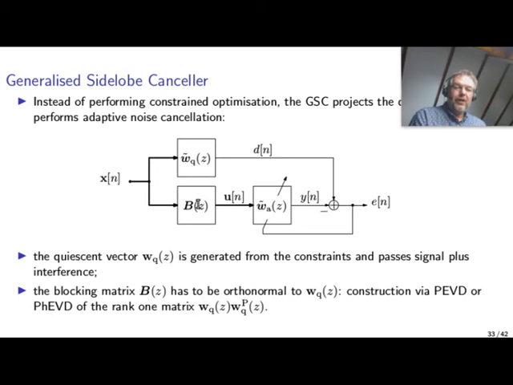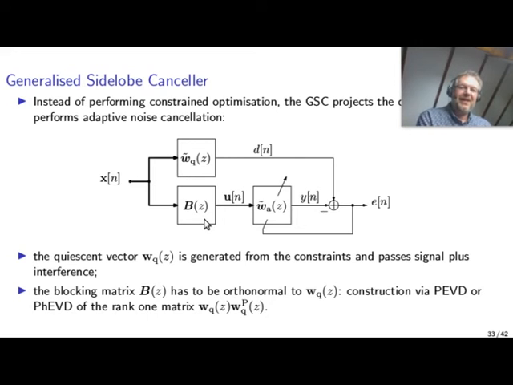But the blocking matrix now is a little more intricate. So this blocking matrix has to be orthogonal to the quiescent vector, and we can formulate this via a paraunitary matrix completion. So using these polynomial eigenvalue decomposition algorithms that I've introduced in the previous section, from WQ we can actually derive this blocking matrix B of z such that it suppresses the signal of interest sufficiently well.